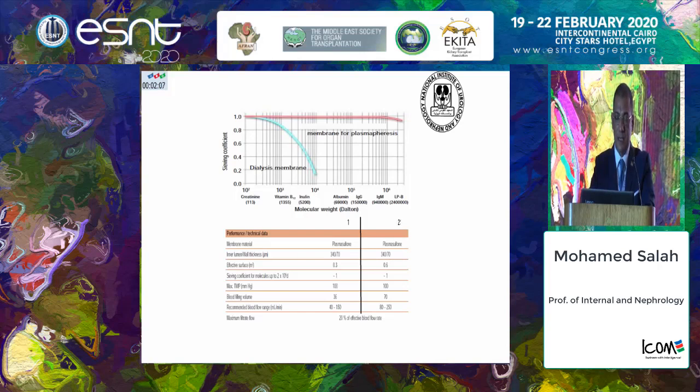It's only the difference between 0.6 square meter or 0.3. Usually it only varies in the amount of blood. So when you have a smaller patient or a younger patient or a little child, you can use the smaller one, and the bigger one for bigger adults.